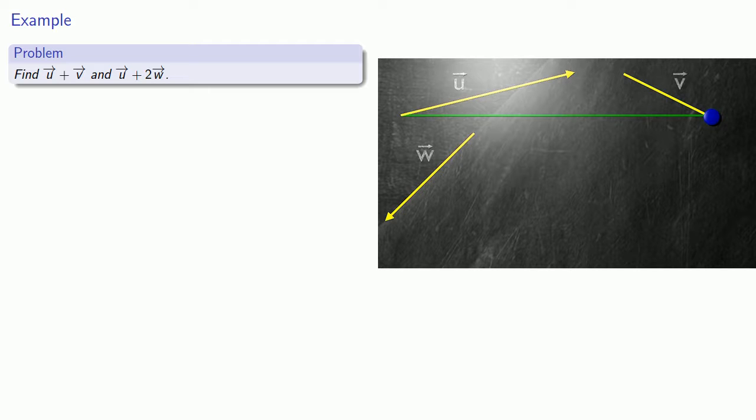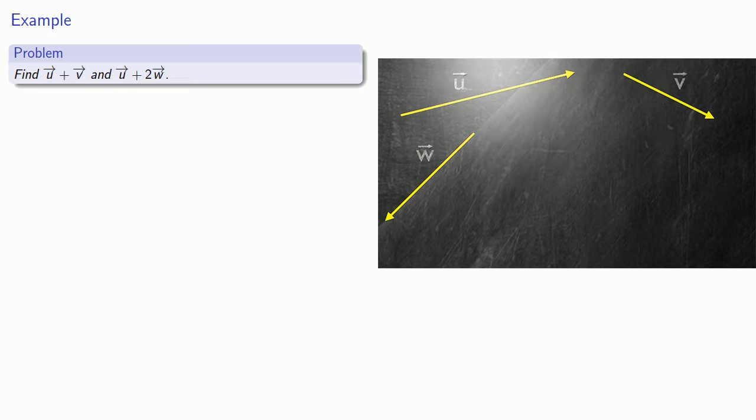However, there's a problem with what we just did. We didn't just follow the directions u and v, but we included a third set of directions. So that means we haven't found u plus v, but we found u plus something else plus v. So what we need to do is to follow u, and then from wherever we end up, to follow v.